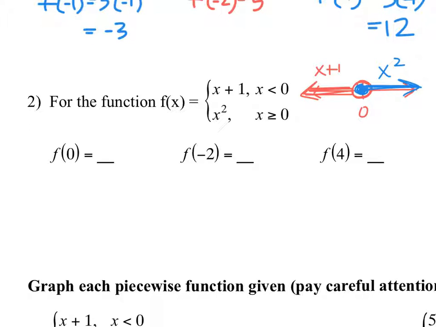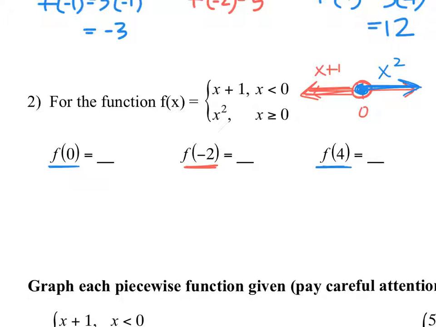So now we got to color code our different numbers to know where they belong. If f is 0, that's this turning point, think about which one is closed, which one includes 0. That should be the blue one, so I'm going to color it blue. -2, that's over here in the red section for sure. And +4, that's going to be in the blue section because +4 is greater than 0.